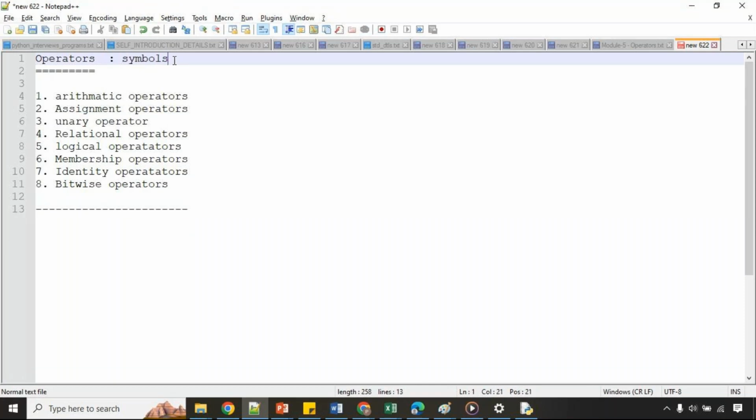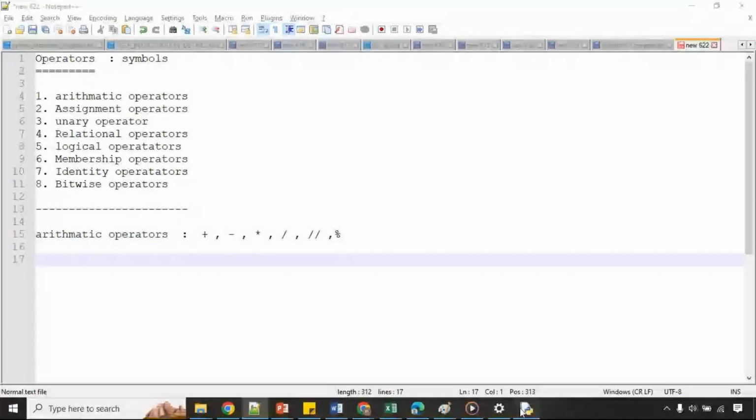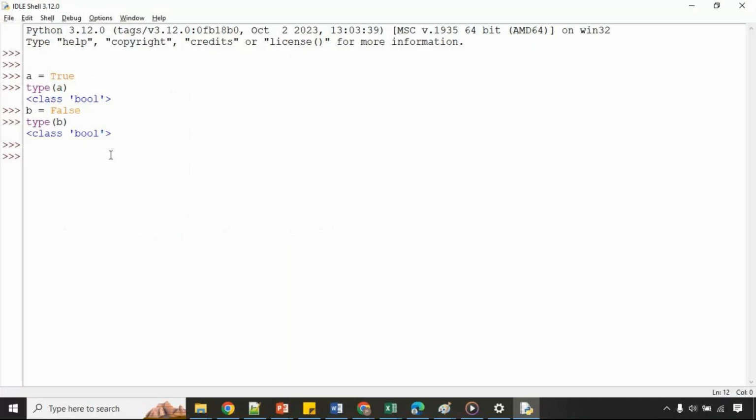For arithmetic operators, we have plus, minus, multiplication, division, modulo division, percentile. Suppose we consider A equal to 13, B equal to 4.